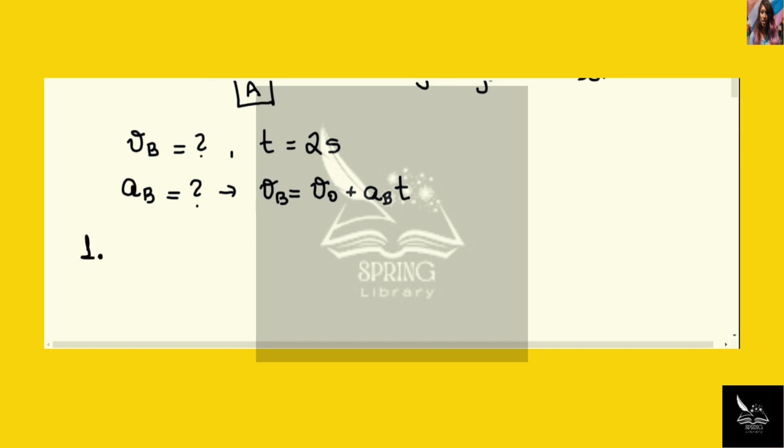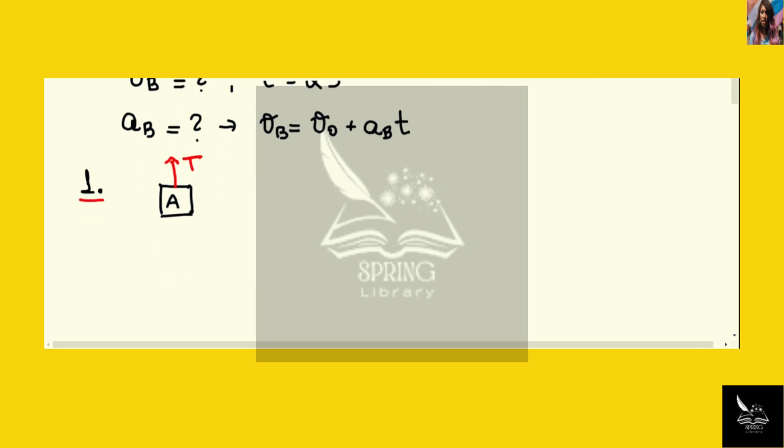Let's start with block A. Notice that block A has the tension of the string pulling it upwards, and also the gravitational force pulling it down, MAG.